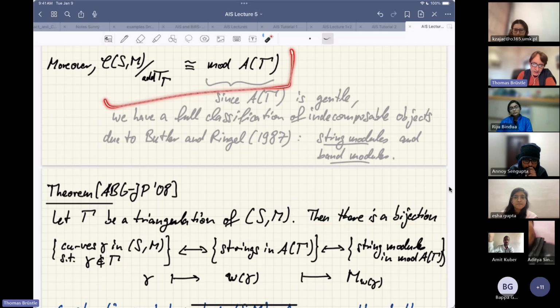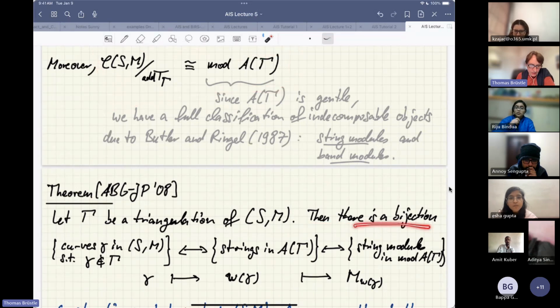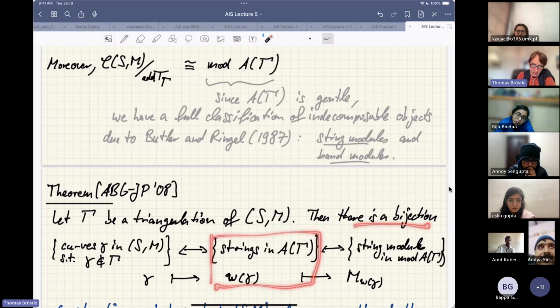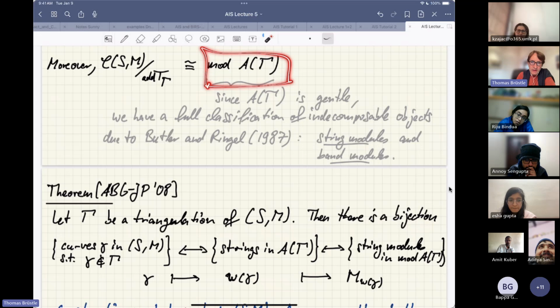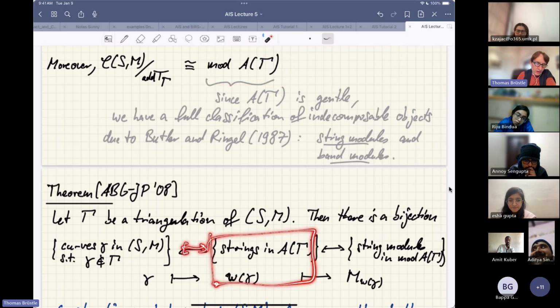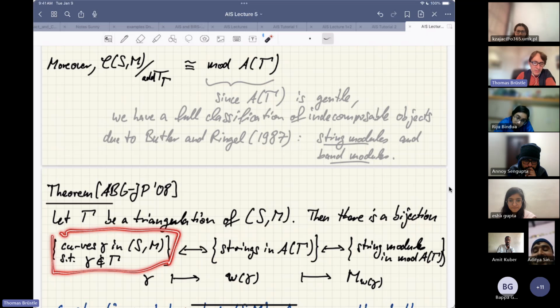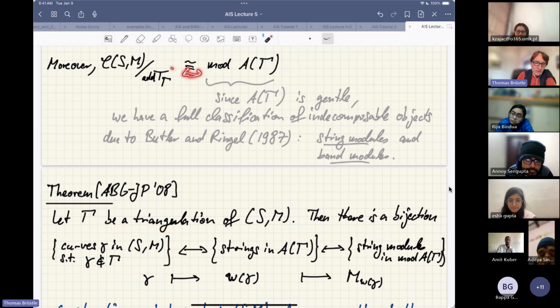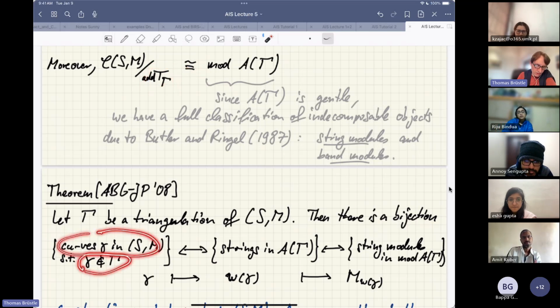So there's a bijection between the strings in this string algebra, the notion of strings, and curves in the marked surface. They correspond to curves, but not curves that come from our fixed triangulation gamma. So they correspond to curves in the surface that do not belong to the triangulation gamma.